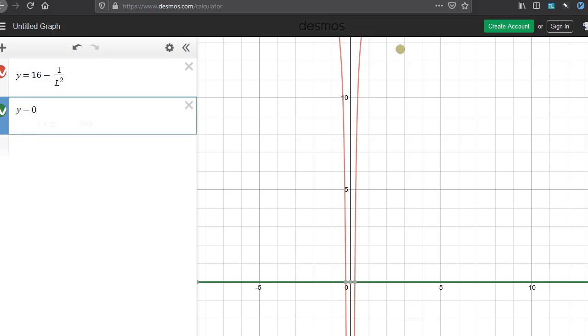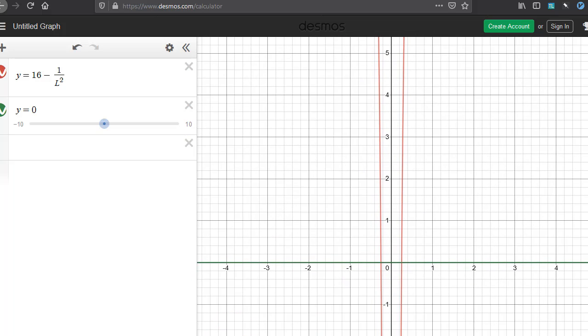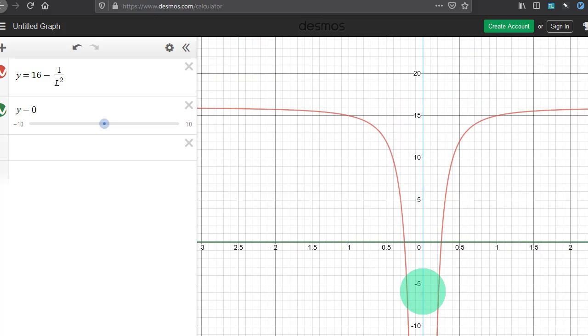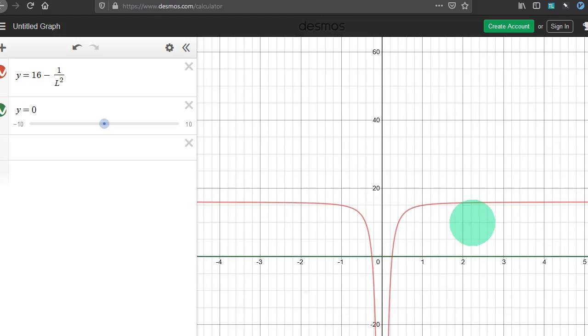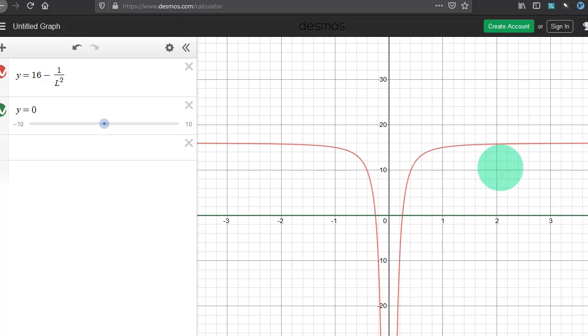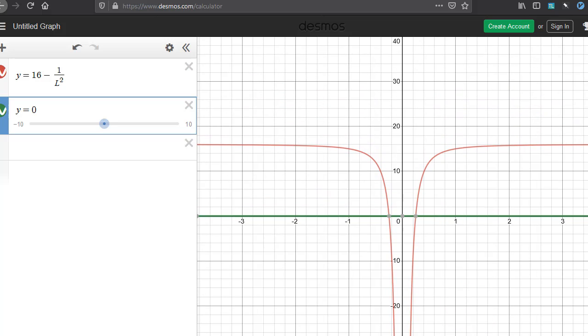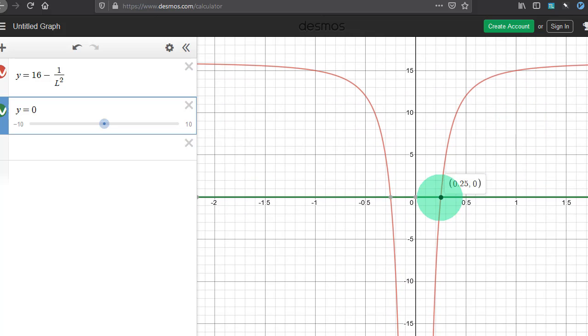And we're also going to graph y equals 0. So we want to see, where do these intersect? What are the values of L that make it so these meet? And I can see this happening here. So I'm kind of zooming around to get a better picture for what the red graph looks like. And it's kind of a weird graph, but there's one intersection right here at L equals 0.25, another one over here at L equals negative 0.25.